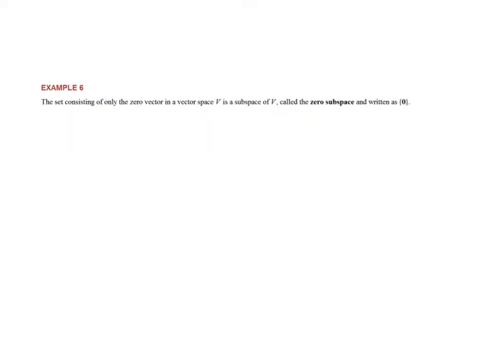A fairly preliminary example of a subspace is this next example, the zero subspace. If I have a set that only contains the 0 vector in any vector space V, it is a subspace of V. If you go back to the last slide, it checks off those 3 different cases in the definition.